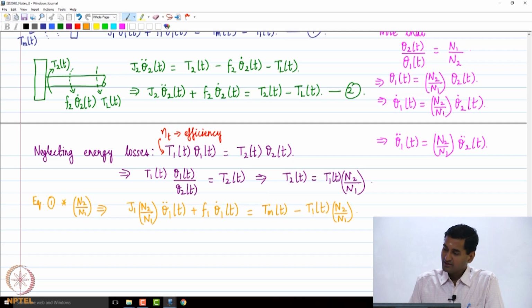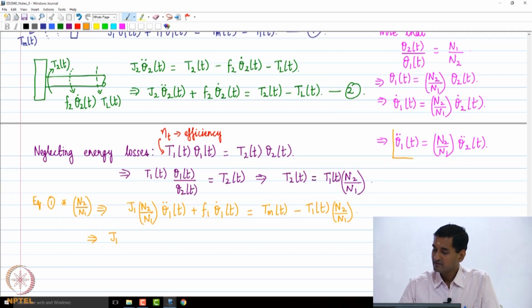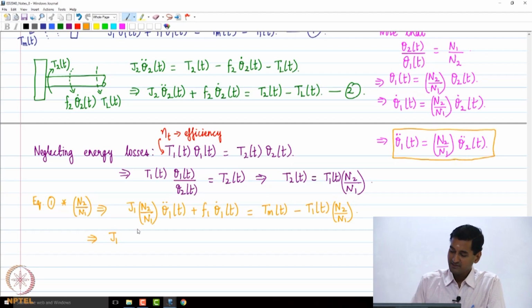Now I substitute for theta 1 double dot and theta 1 dot. Theta 1 double dot is going to be N2 by N1 theta 2 double dot. So let's substitute there. This will become N2 by N1 whole square theta 2 double dot.